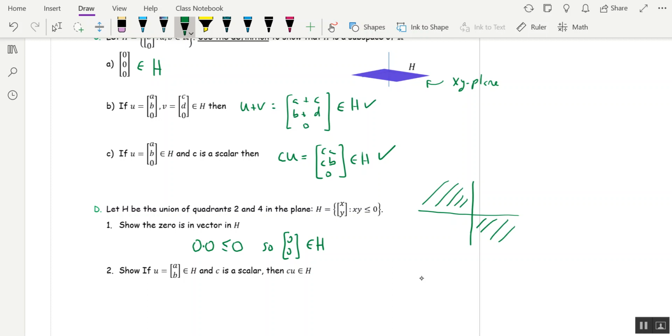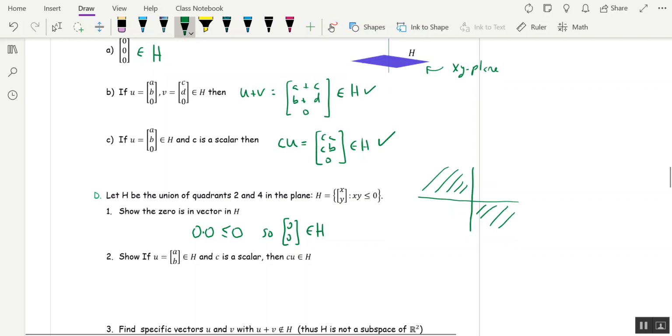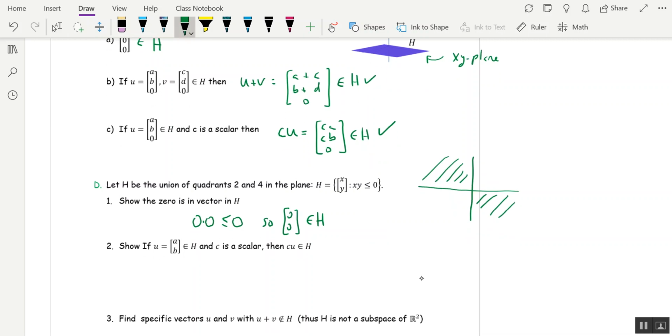All right. Scalar multiples are also in H. So if I take a vector in H, so it's in quadrants 2 or 4, and I multiply by a scalar, I claim that that scalar times u is still in H. So here we go. Cu is (Ca, Cb). Okay, let's look at the product of Ca and Cb.